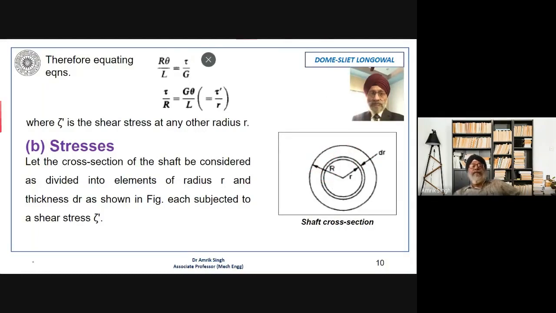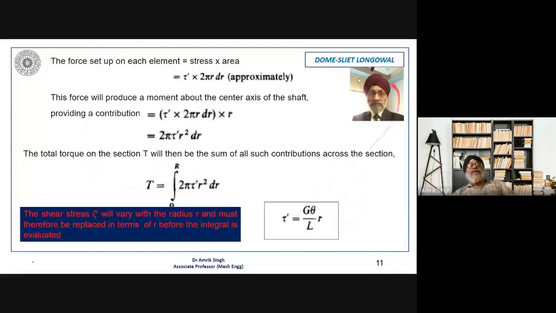So this is the cross section of the shaft, and we have taken a small element at a distance r and of width dr. The force set up on this element will be stress into area. The stress is tau dash, and the area of this ring will be 2 pi r into dr.